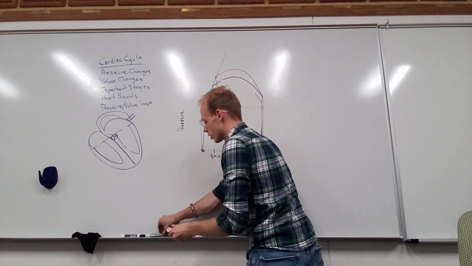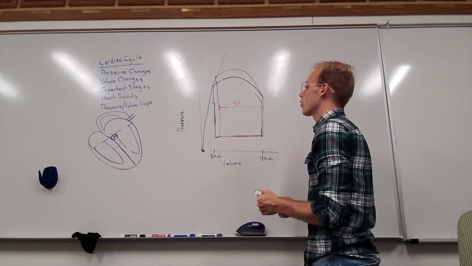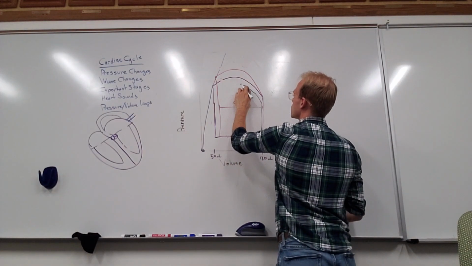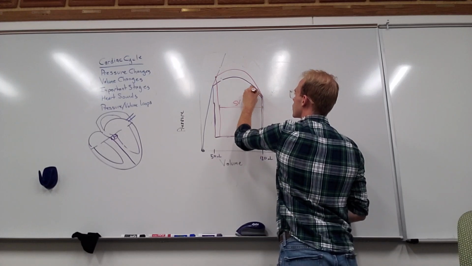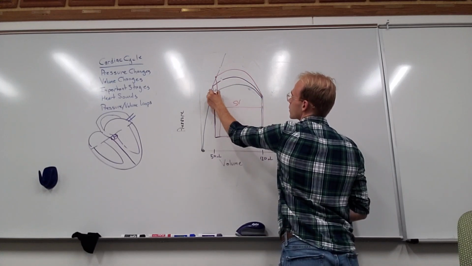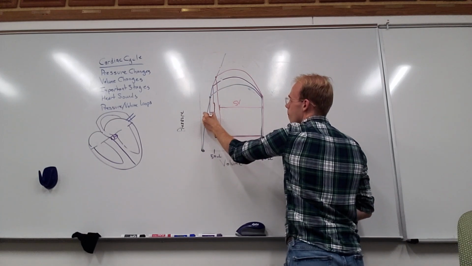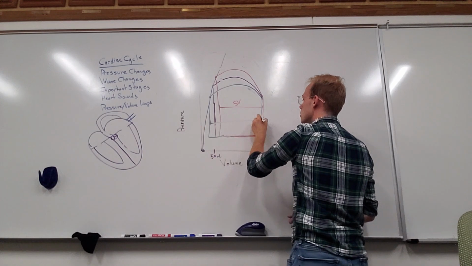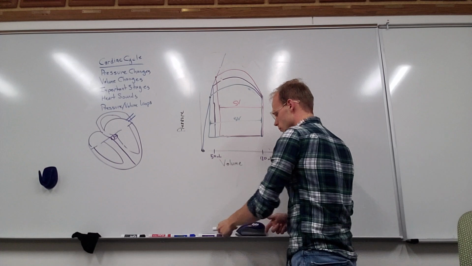Whereas if I were to decrease my afterload, how much resistance there is when I'm trying to push the door open, that valve, decrease, go up to the same point, opens, but now I'm going less. So now I go here, and now you can see I have now increased my stroke volume.